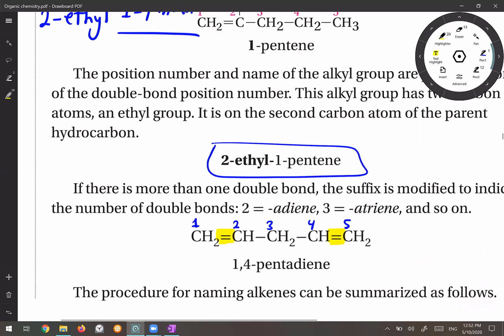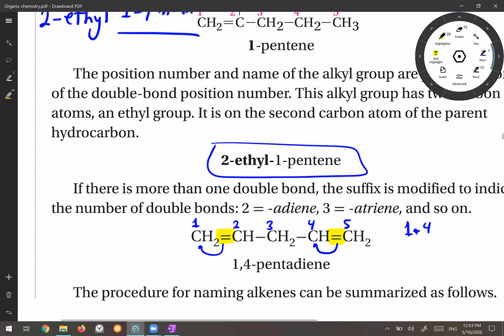So where are the locations of the double bonds? The first one of them is here on carbon number 1, and the second one is here on carbon number 4. So as I said, it's between carbon number 1 and 2, but we consider the smaller number. And the next one is between carbon number 4 and 5, but we choose the 4 for the position of the double bond.